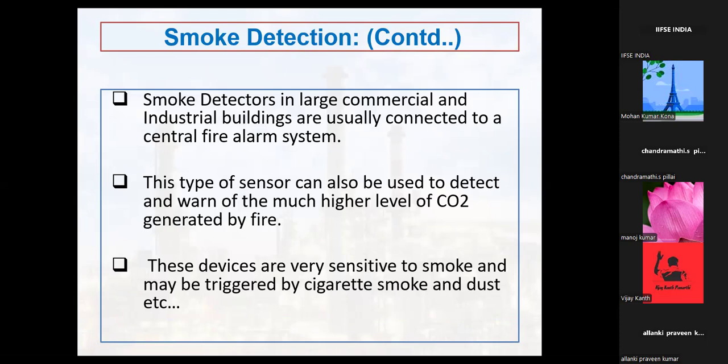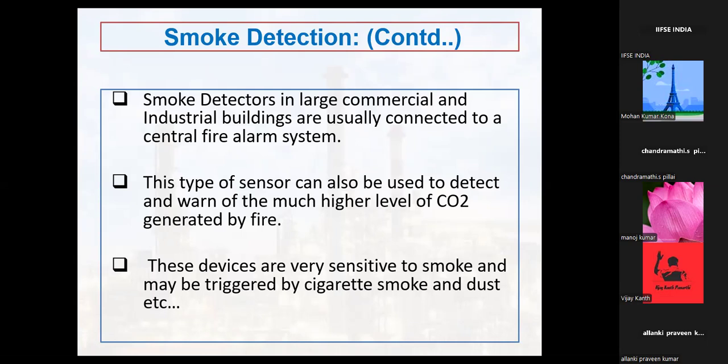It is obvious that when more smoke is generated, more quantity of smoke can be given for the signal. These devices are very sensitive to smoke and can be triggered even by a little smoke or dust.